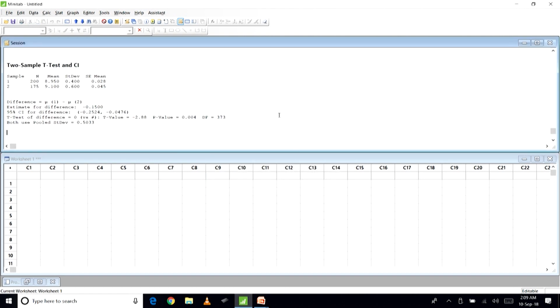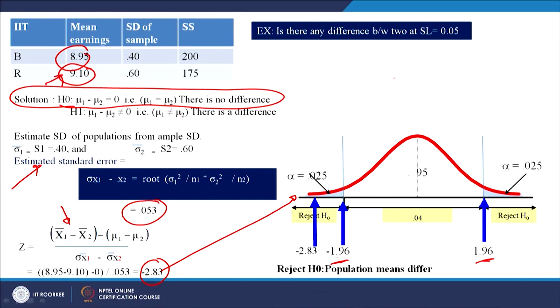So, the p value is this, 0.004, right. The p value is 0.004, alpha is 0.05. Is p less than alpha? P is less than alpha. So, we will reject the null hypothesis, right.